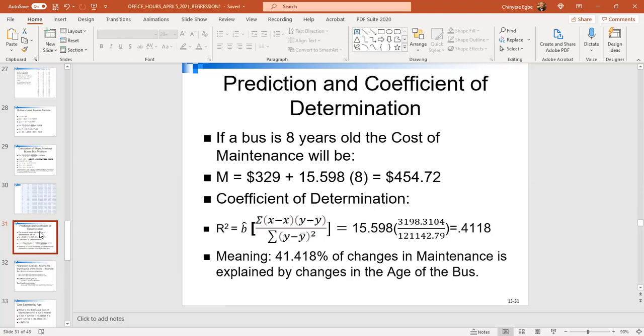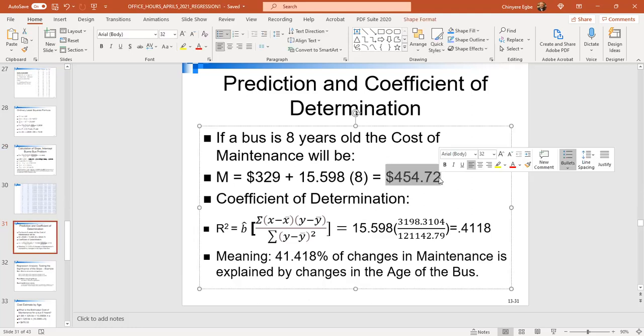That is to say, as the age of the bus increases, the cost of maintenance of the bus would also increase. So if a bus is 8 years old, the cost of maintenance will be 329 plus 15.59 times 8, which is 454.